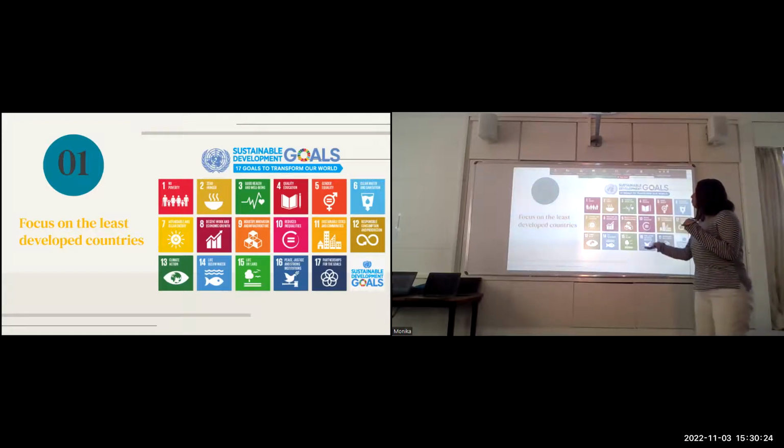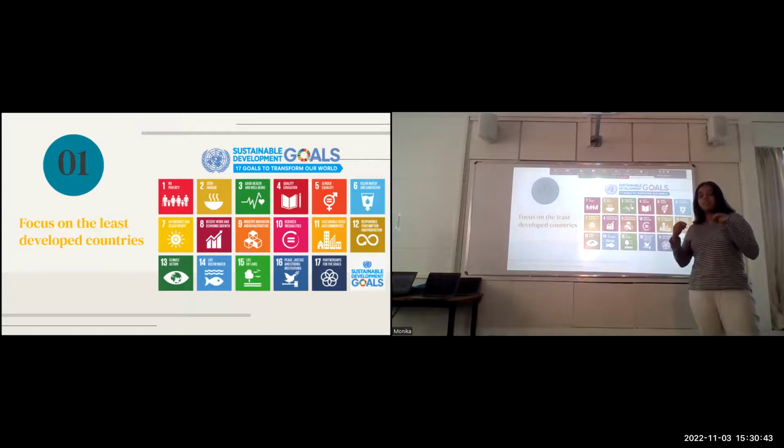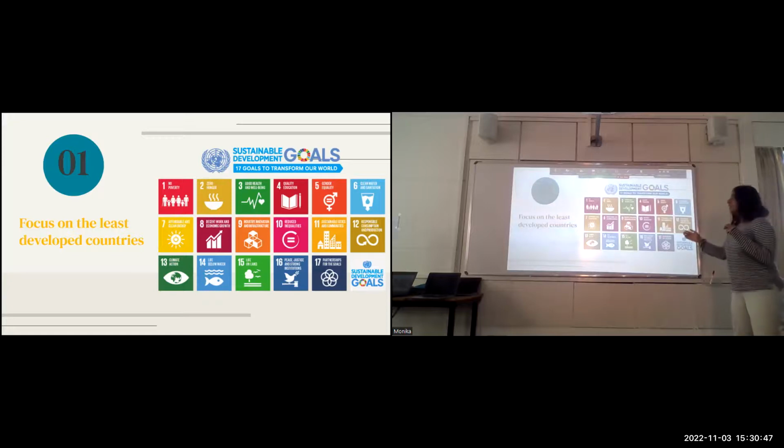So first, like Ivana also mentioned, it is much easier for more developed countries to achieve their national outcomes. When the MDGs ended in 2015 and SDGs were coming about, it was a prime focus that concerns that were very specific to less developed nations are also a part of the 17 SDGs.